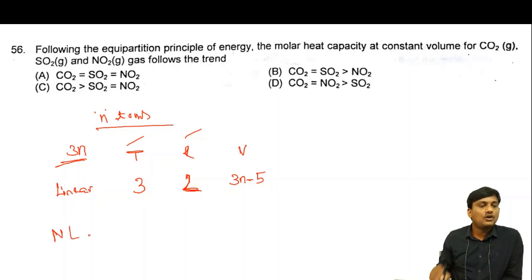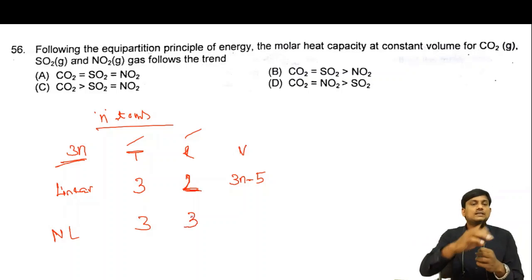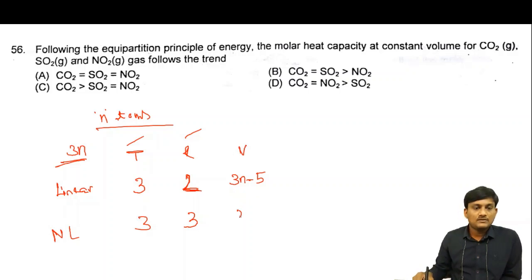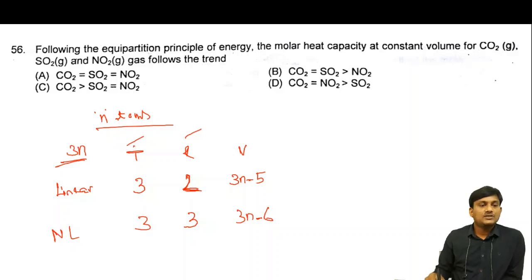If you take non-linear, obviously 3 translational, rotational also 3. It can rotate along the 3 axes, x, y, z axis. So vibrational will be 3n minus 6. Here the contribution to the energy, if you take translational, it is 1 by 2 RT, rotational is 1 by 2 RT, and vibrational is RT.